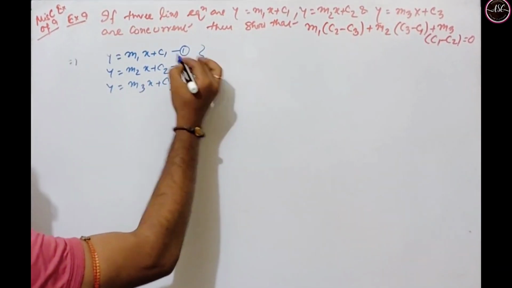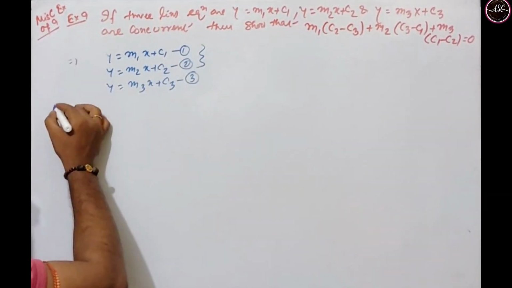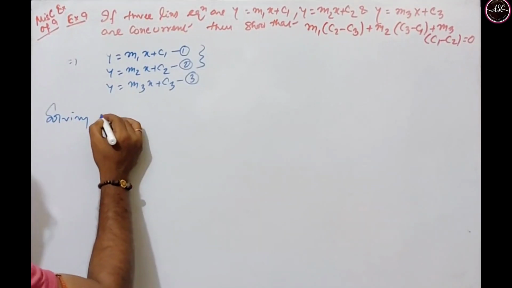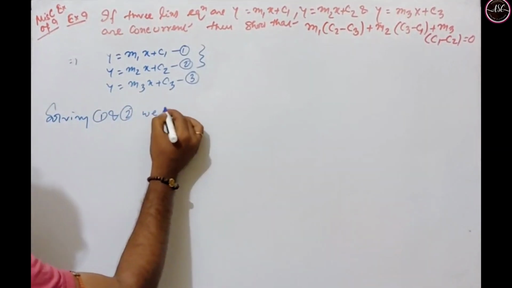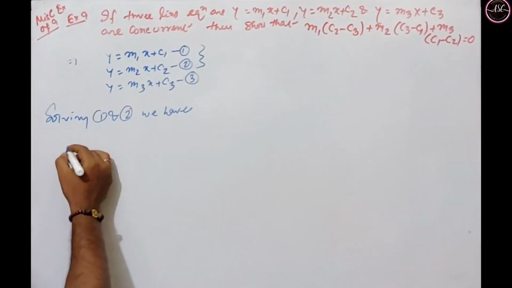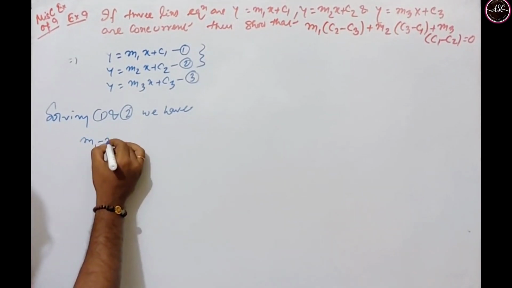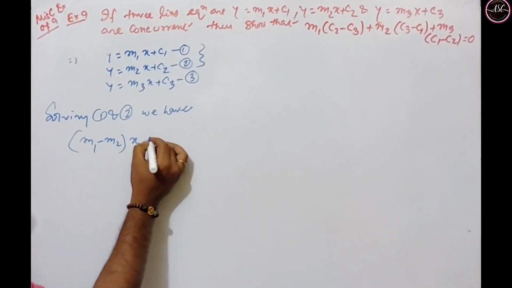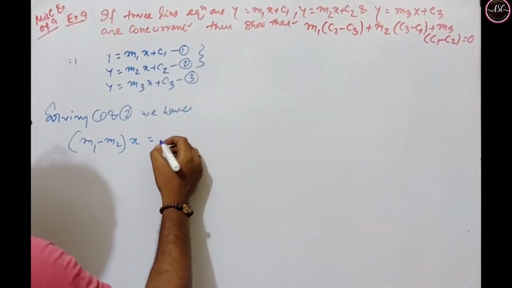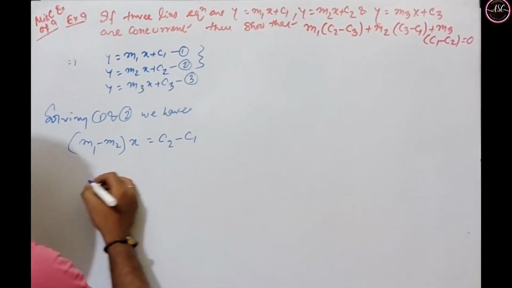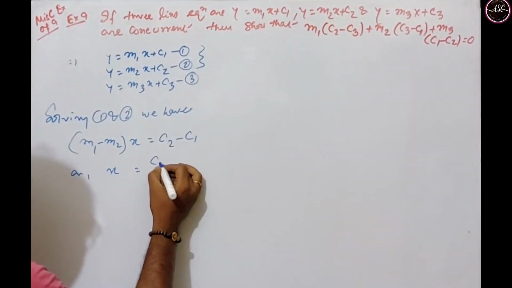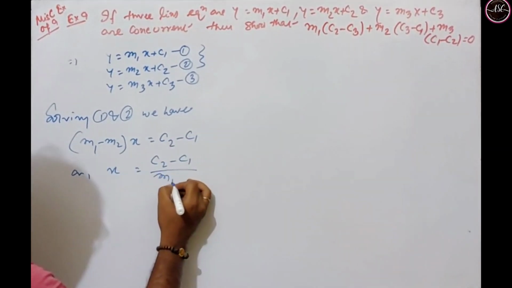Now solving 1 and 2, we have m1 minus m2 into x equal to c2 minus c1, or x equal to c2 minus c1 divided by m1 minus m2.